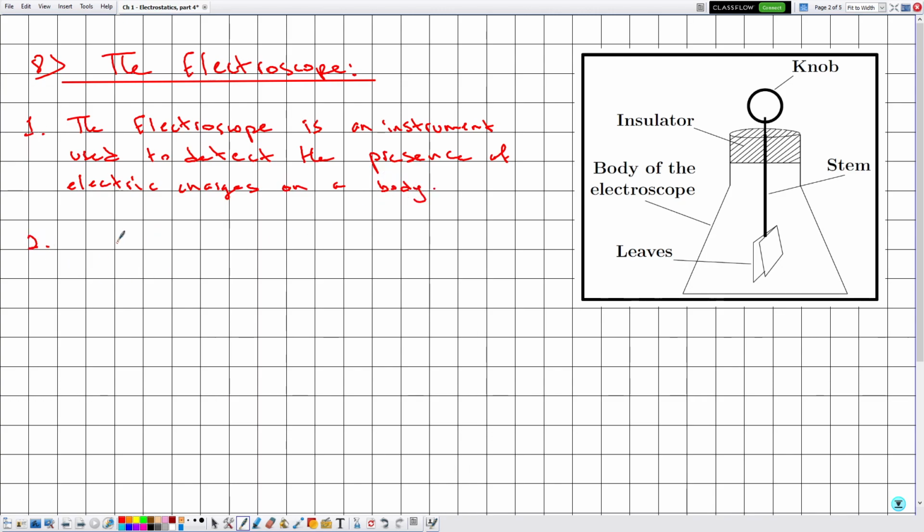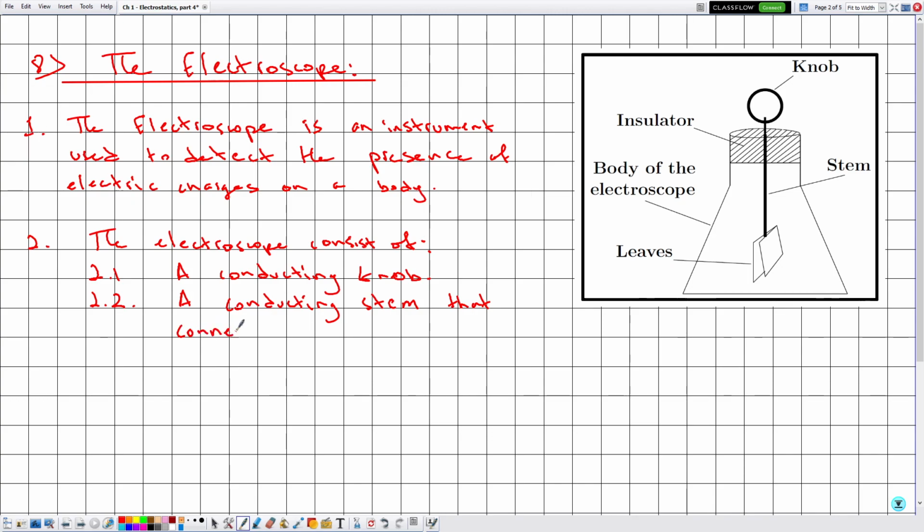Now, statement number 2, the electroscope consists of, so 2.1, a conducting knob, so the knob is a conductor, and 2.2, a conducting stem that connects the knob to the leaves.